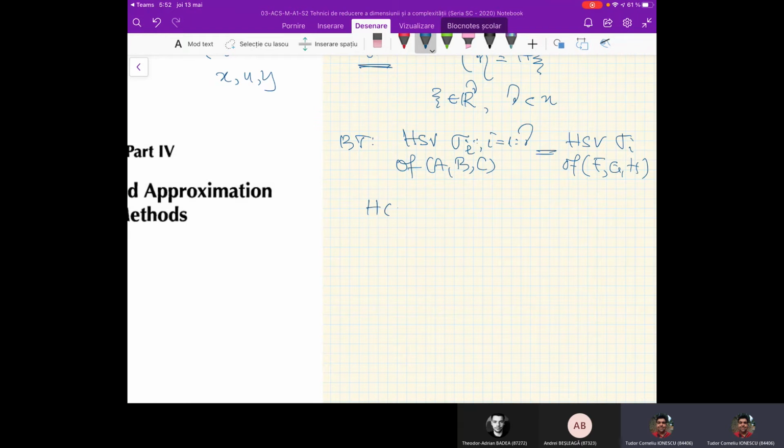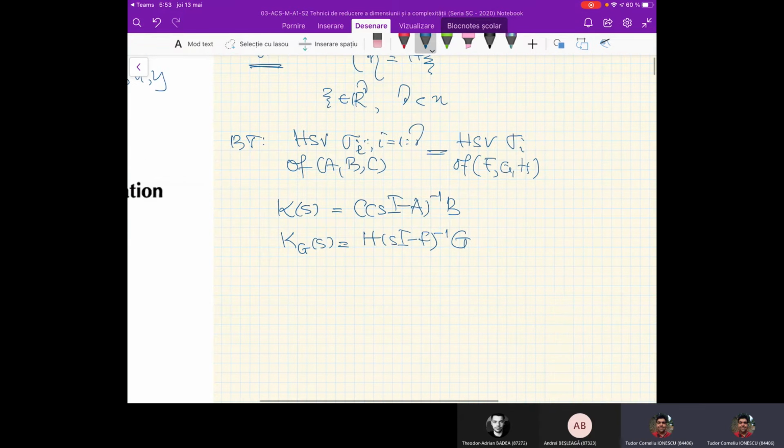Both of these systems have a transfer function. We have H(s) or K(s). Let's use K. We have K(s), which is C (sI minus A) inverse B, and we have Kg(s), let's call it like this, H (sI minus F) inverse G. Note that both transfer functions have the same dimension, because we have the same number of inputs and outputs.